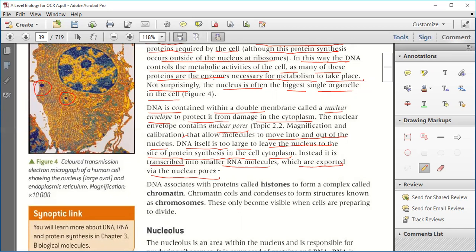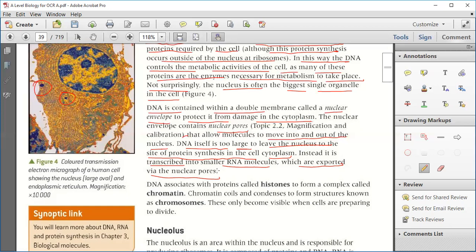Do the RNA molecules go to the ribosomes in the cytoplasm? Yes. The nuclear envelope contains nuclear pores that allow the molecules to move in and out of the nucleus.